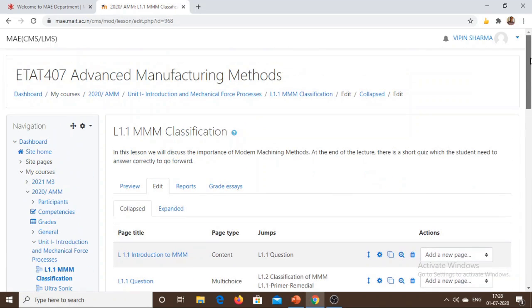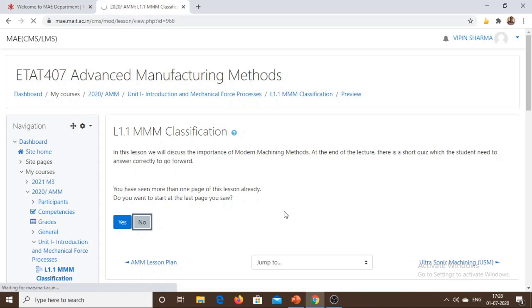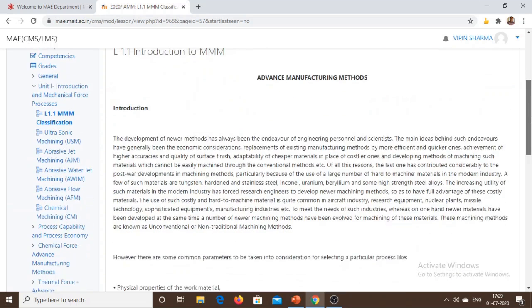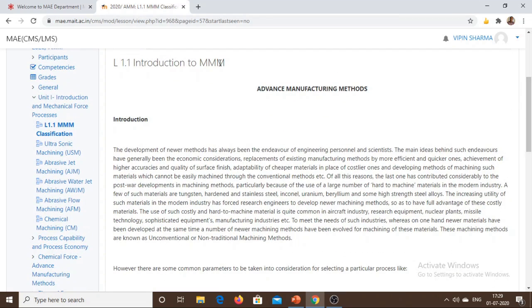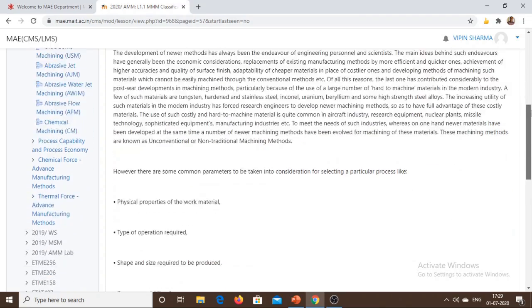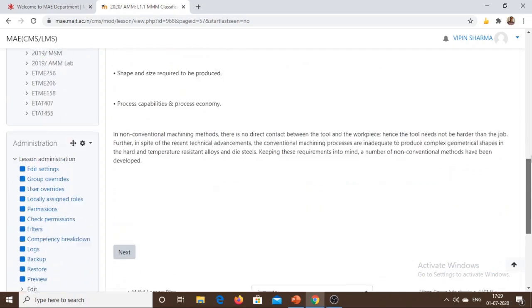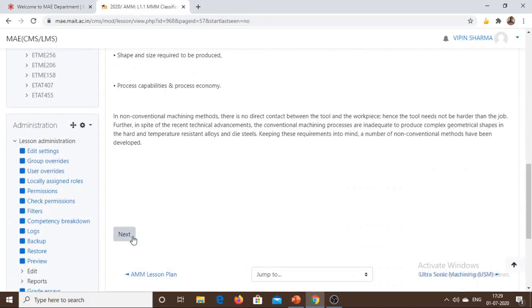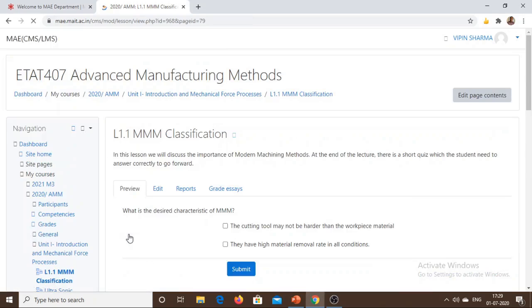Now I will demonstrate this by running it. We will start from the first page. This is lecture number 1.1, introduction to MMM. Here is the introduction. After going through this material, the student will hit next.